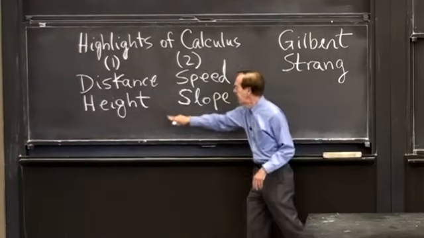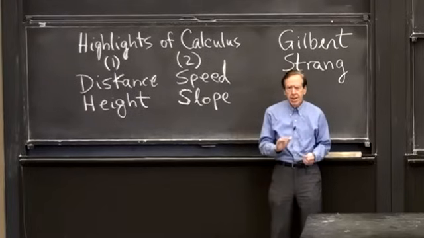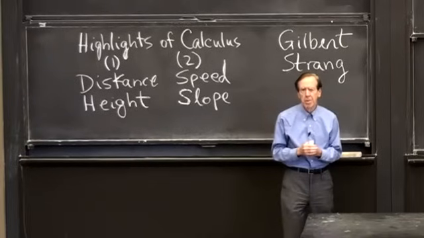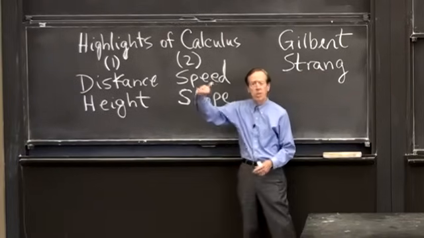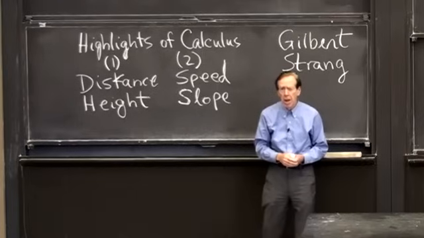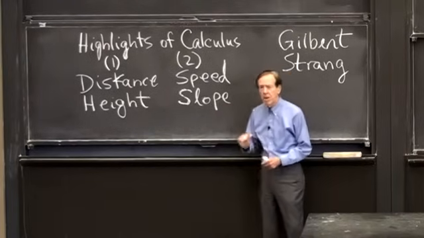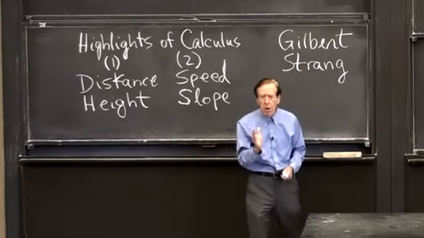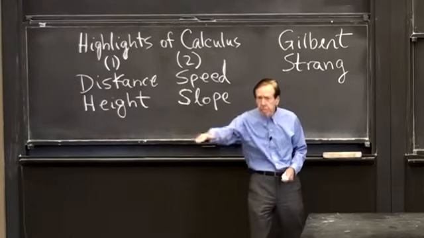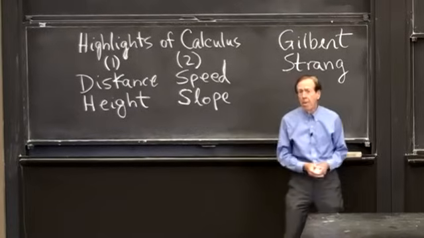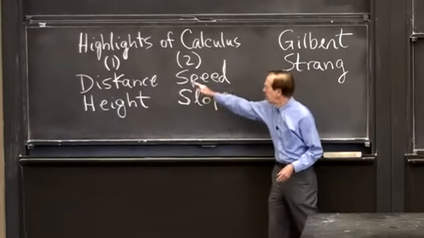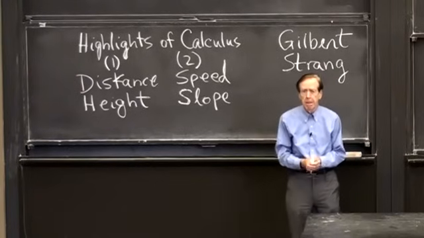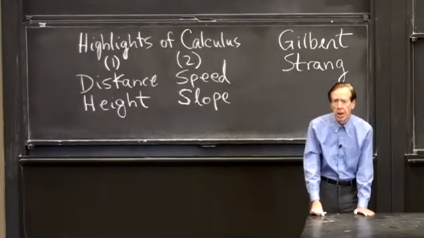So that's height, and then the other one tells you how fast you climb. The height tells how far you climbed. It could be a mountain. And then the slope tells you how quickly you're climbing. At each point, are you going nearly straight up, flat, possibly down? So distance and speed, height and slope will serve as good examples to start with.